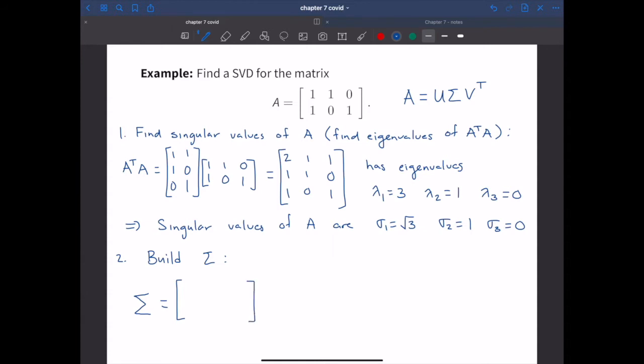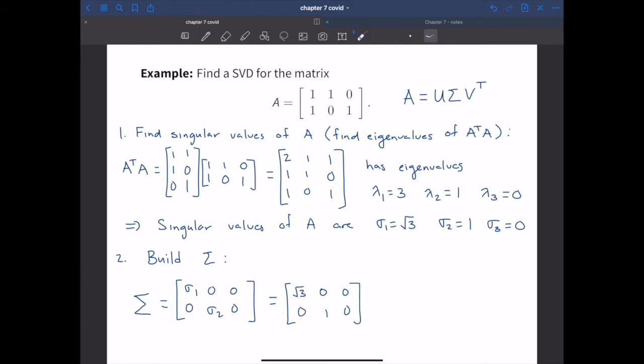Remember, sigma is going to be the same shape as the original matrix A. A was a 2 by 3 matrix, so sigma will also be 2 by 3. Sigma is just built by taking the singular values that we found, sigma 1, sigma 2, putting them along the diagonal, and then filling in the rest with zeros. So in this case, our matrix looks like rad 3, 1, and then 0, 0, 0, 0.